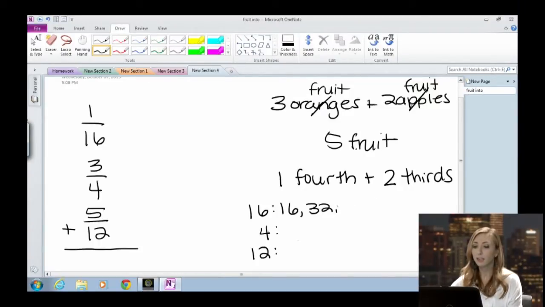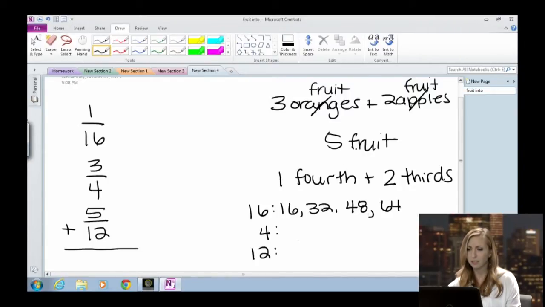So 16, 32, that's 16 times 2. 16 times 3 is 48. With another 16, we have 64. Another 16, we get 80. And then another 16, we get 96.